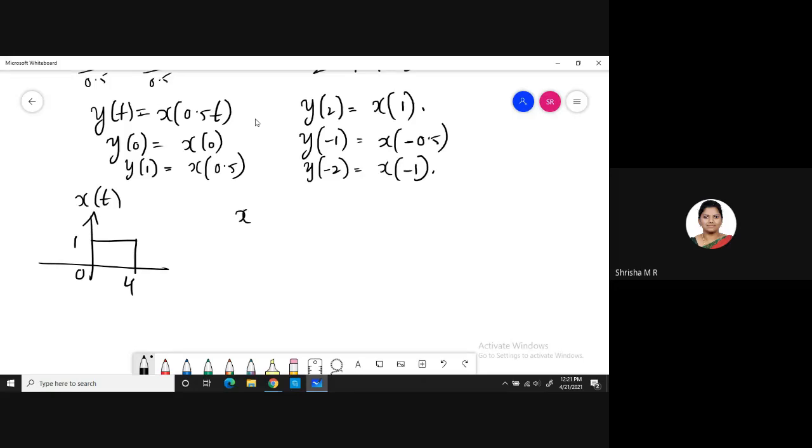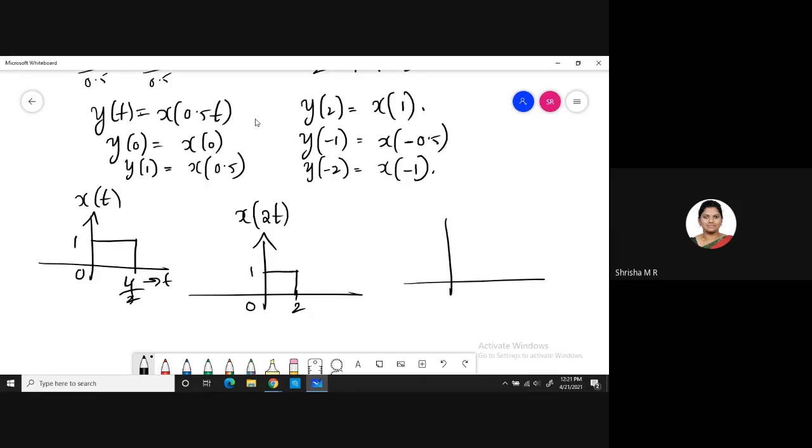So what will be x of 2t? x of t is the original signal and you're scaling it by an integer 2. What happens if you're scaling it by an integer? Ma'am, it will be from 0 to 2. So how do you get 2? We divide the time axis by 2. The original signal was from 0 to 4, but the scaled signal will be from 0 to 2 with an amplitude 1.